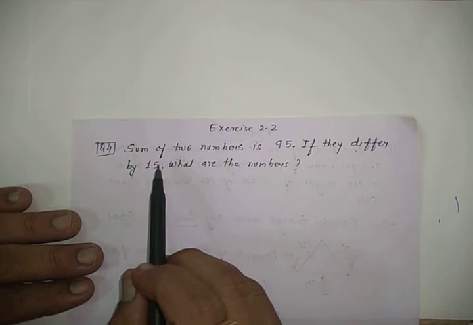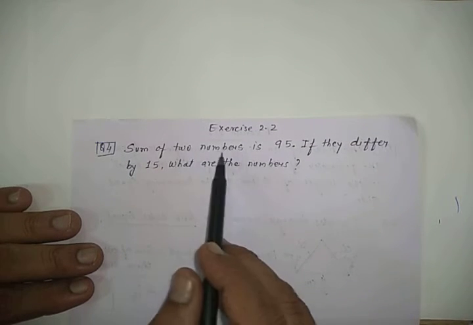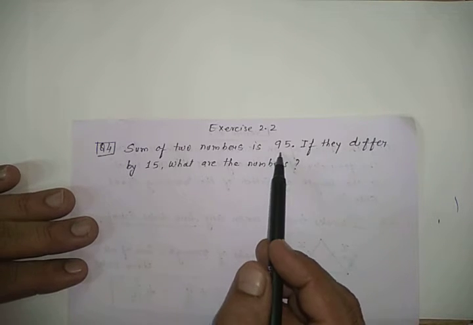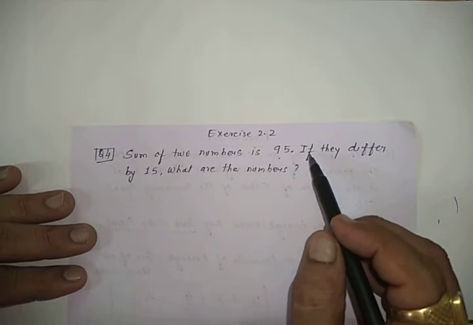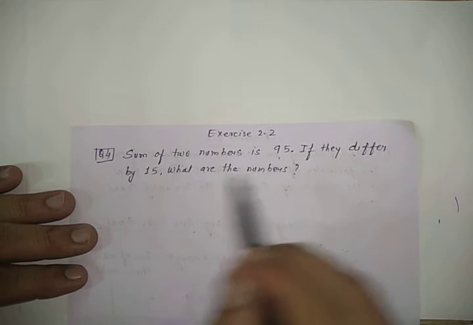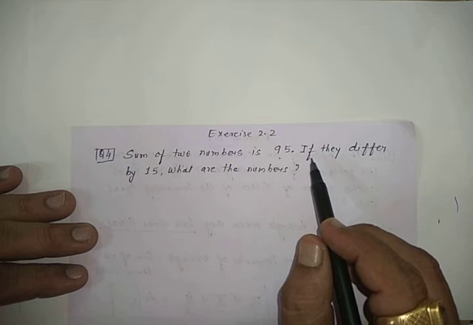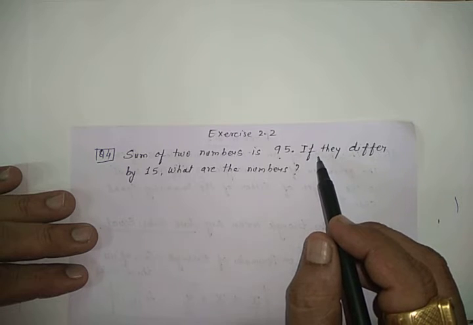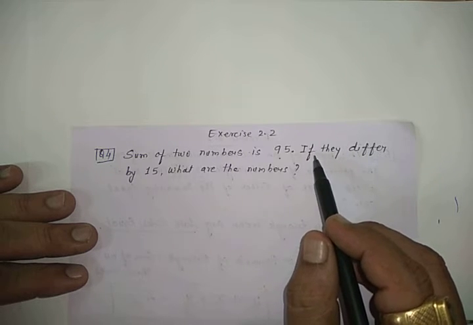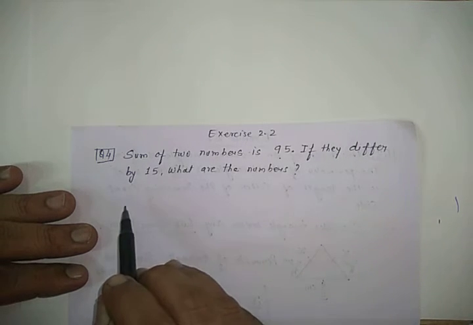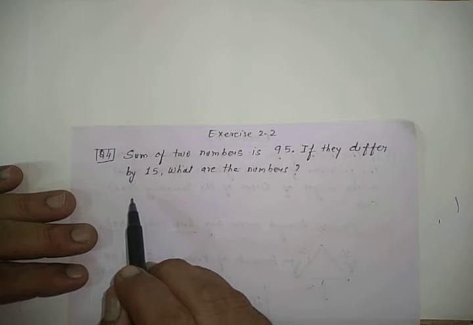The fourth question says that the sum of two numbers is 95, but we don't know which are the two numbers. Okay? Any two numbers, and the sum, meaning the addition of those numbers, will be 95. First number plus second number will be 95. Now what they are saying is that they differ by 15, meaning the difference between the first number and the second number is 15.